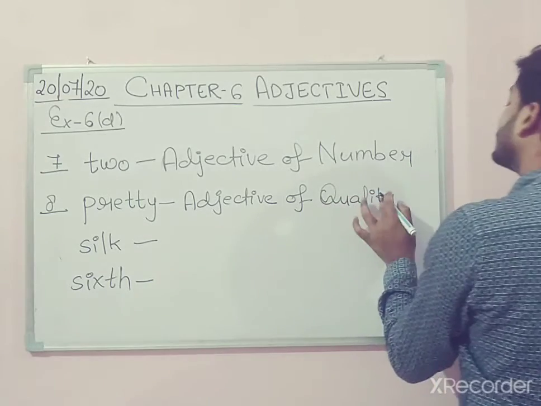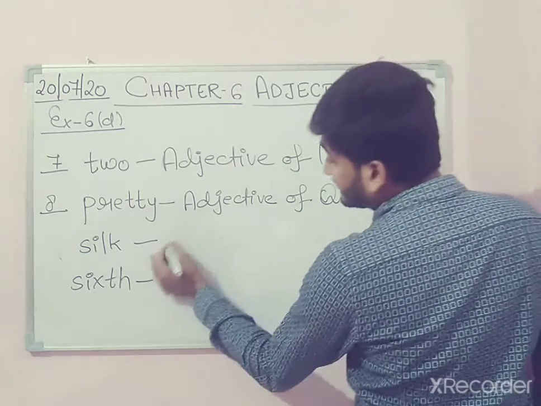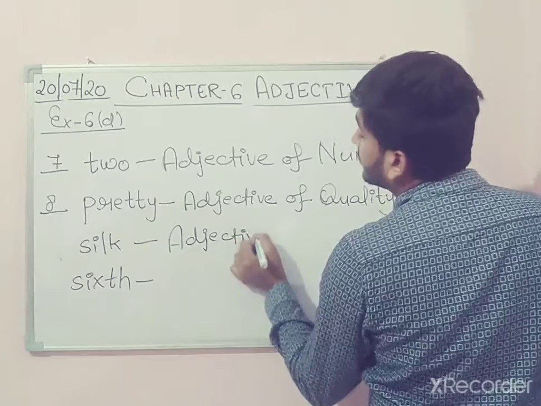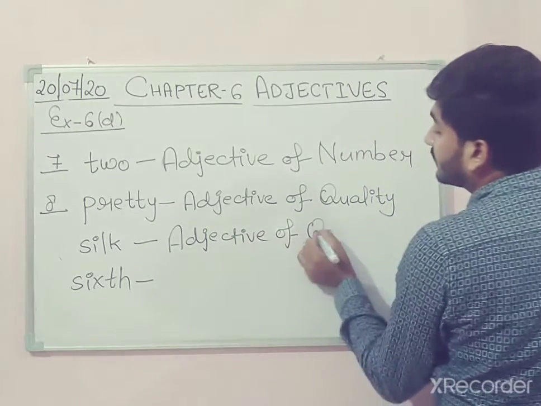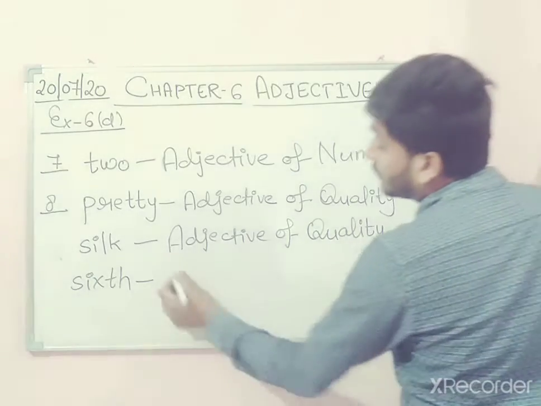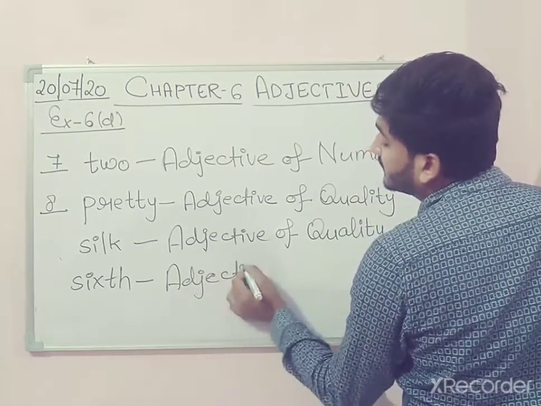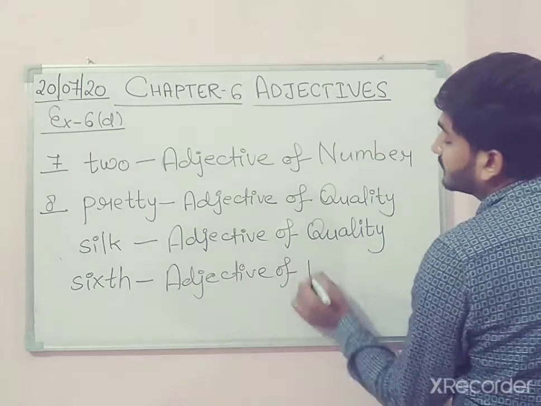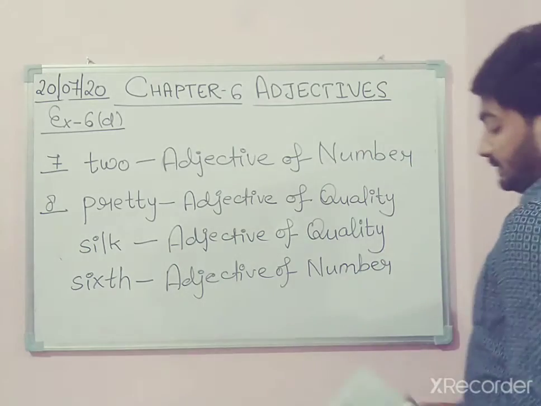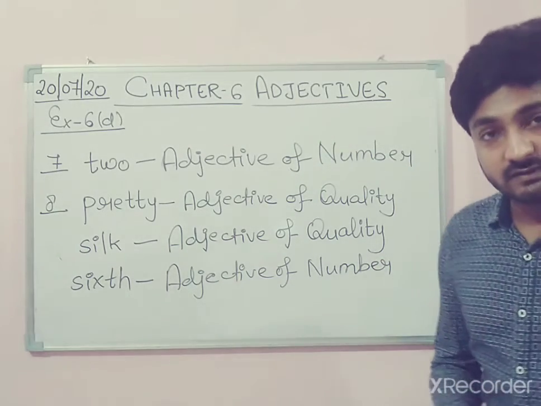Adjective of quality. Silk. What kind of cloth was it? Silk. Adjective of quality. Same. Which birthday was she celebrating? Sixth. That means adjective of number.